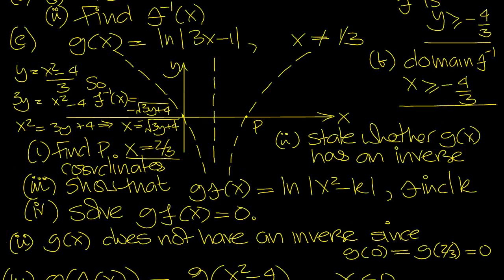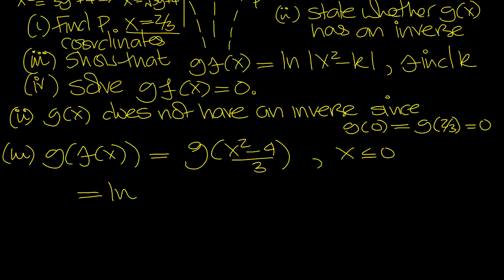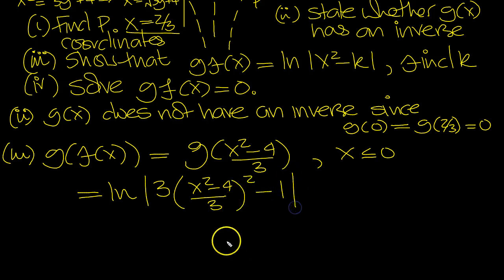Sorry, let's have a look at g again. It's log of the modulus of 3x minus 1, with this squared, that's what we've got then, haven't we?